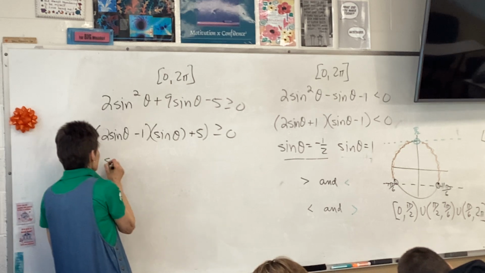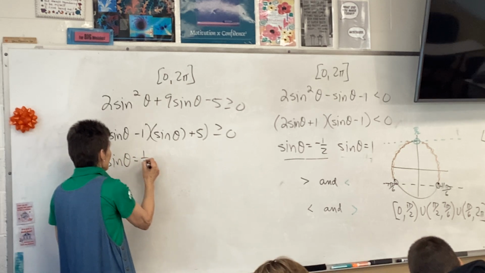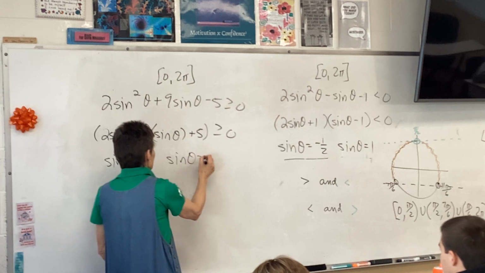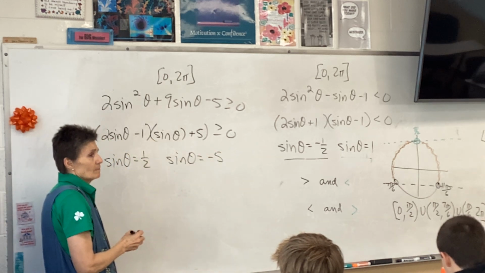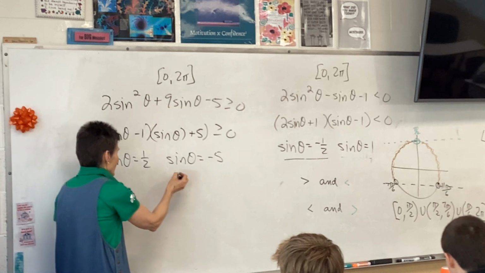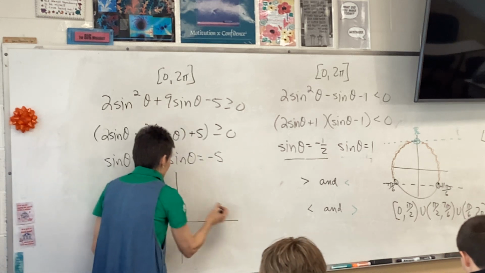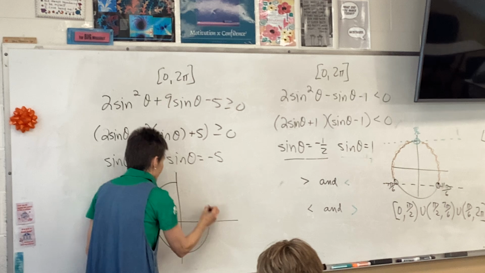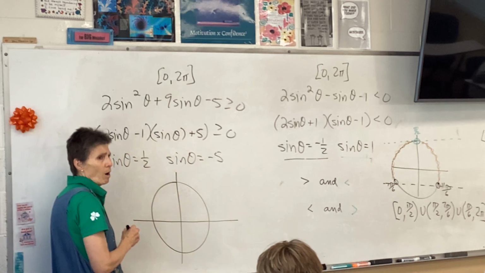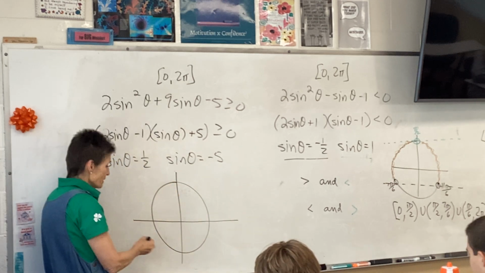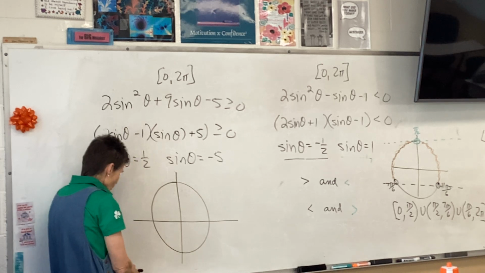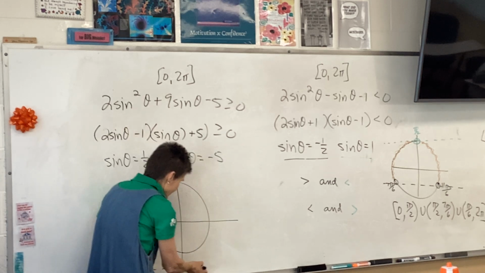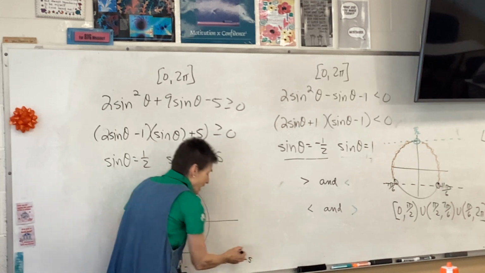All right, so this says sine equals 1/2, or sine equals negative 5. Sine is y, right? What's the lowest it goes? -1. So my dividing line is down here, -5.